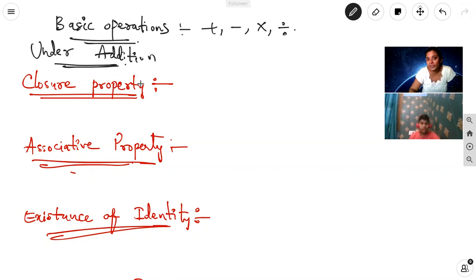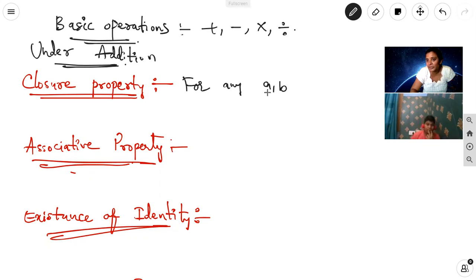First of all, closure property means that we take any two elements, denoted by small letters. One person chooses two elements and another person chooses another two elements.